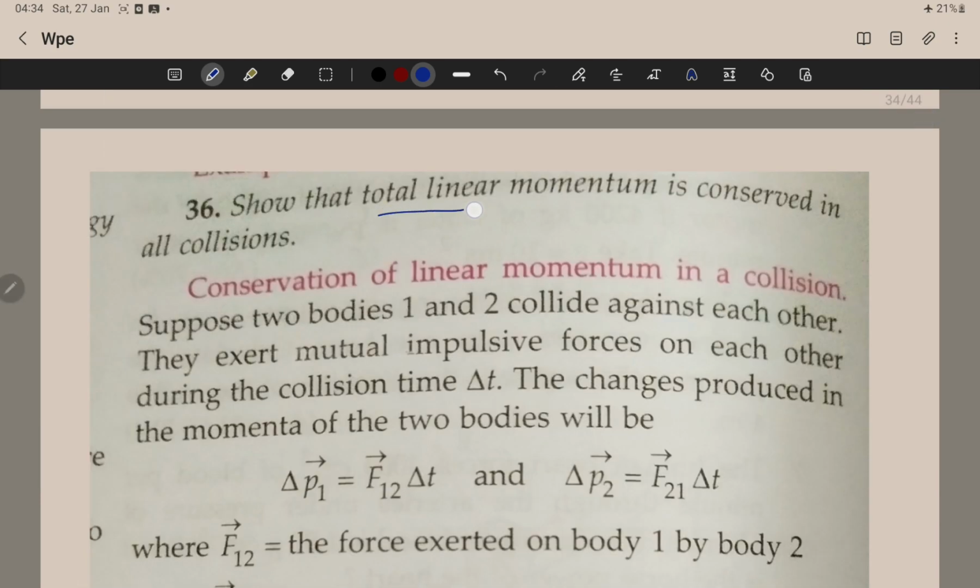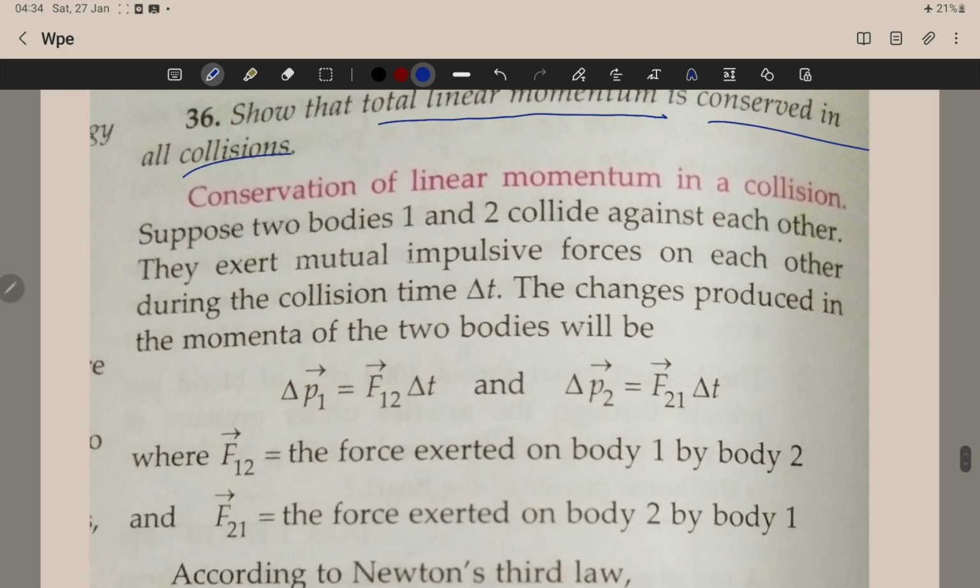Next, we have to show that the total linear momentum is conserved in all collisions. So, conservation of linear momentum in collision. Suppose we have two bodies, 1 and 2, that are colliding against each other.